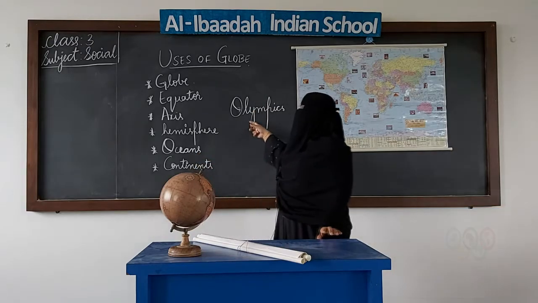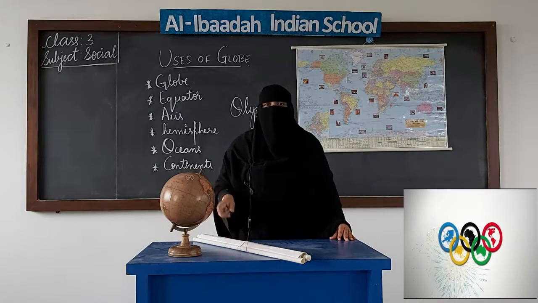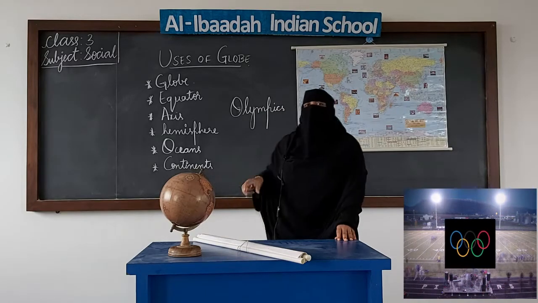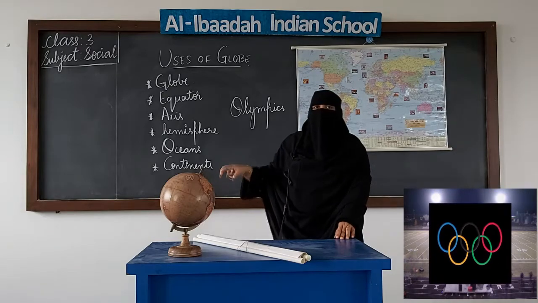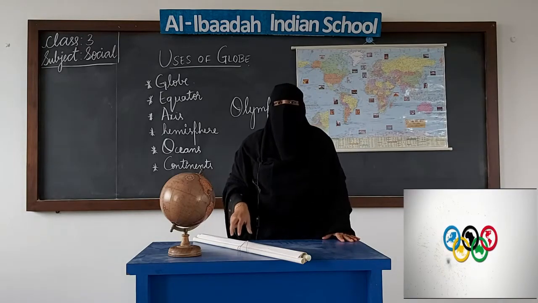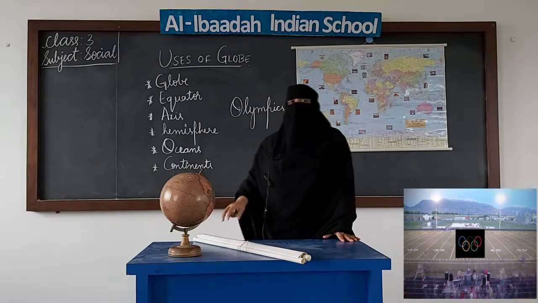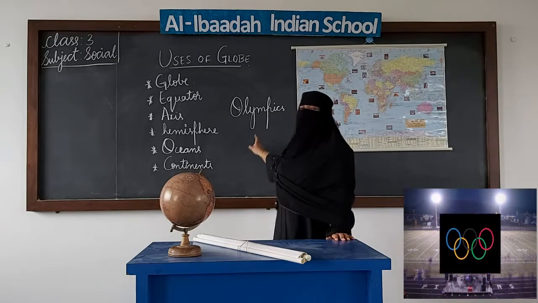And then we learnt about Olympics. We learnt regarding the logo of Olympics also, isn't it? We learnt why it shows only 5 rings in Olympics. Because Antarctica doesn't have any human settlements, and also sometimes North America and South America are counted as one.